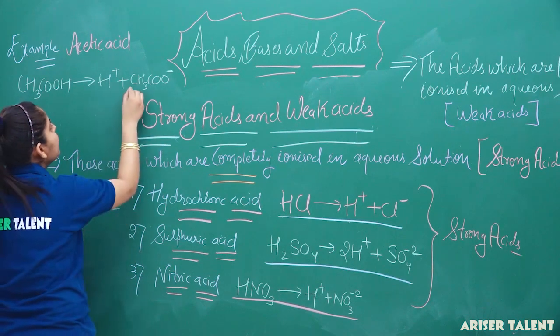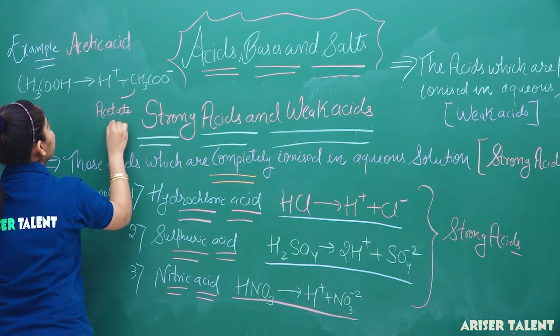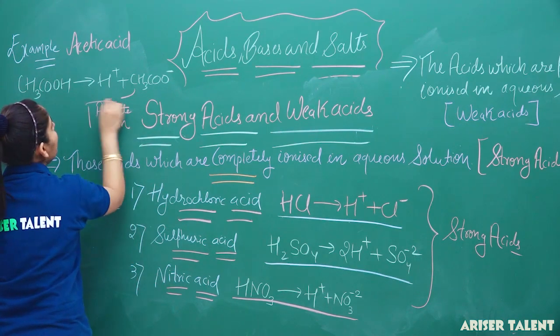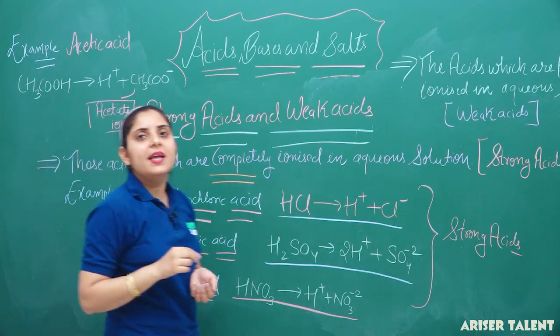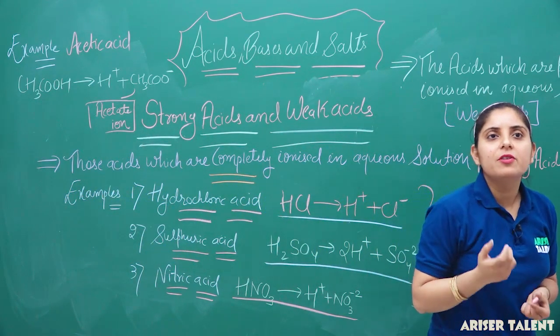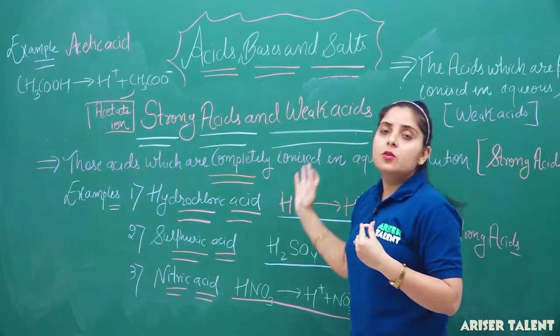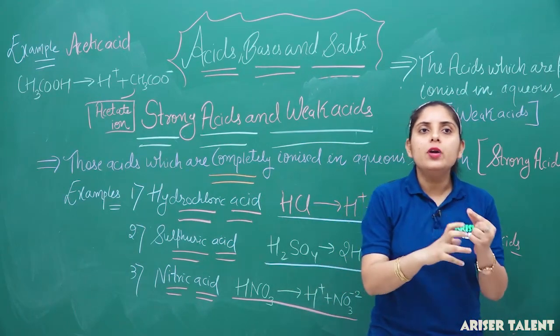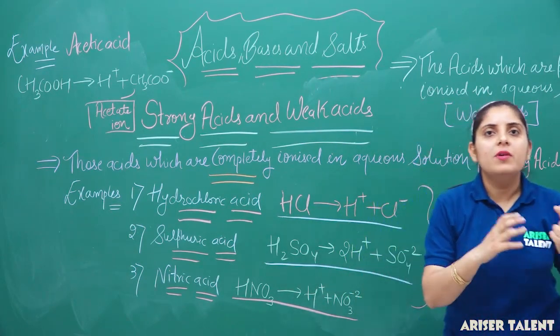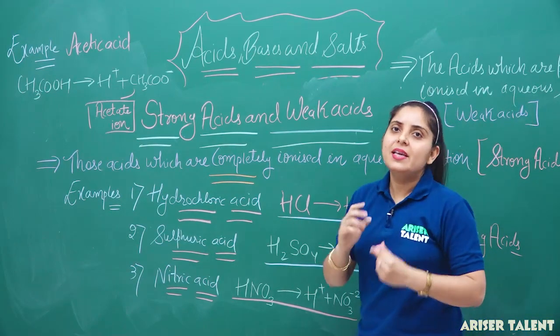This ion is known as acetate ion. So we can say that the acids which partially dissociate into ions in their aqueous solution are considered in the category of the weak acids. So we have the two categories of acids here, that is strong ones and weak ones.